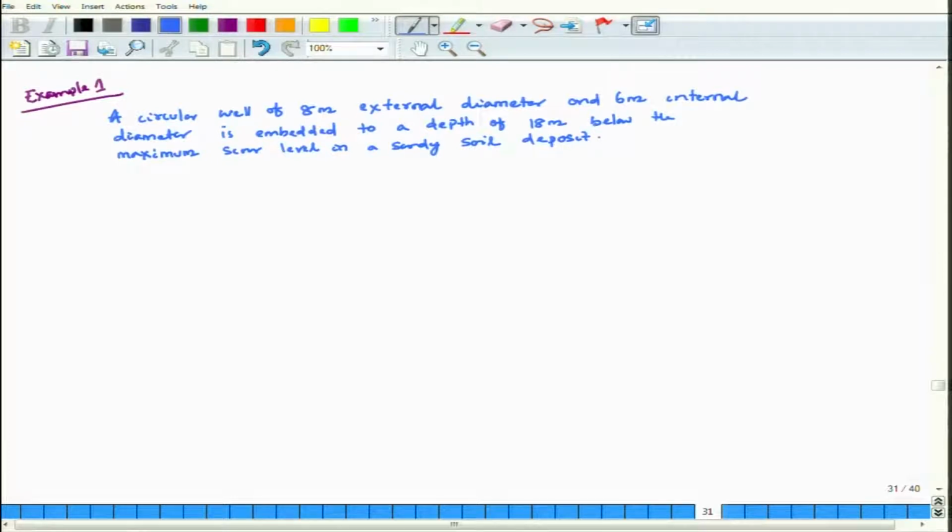The well is subjected to a horizontal force of 1000 kilonewton acting at a height of 10 meter above the scour level.